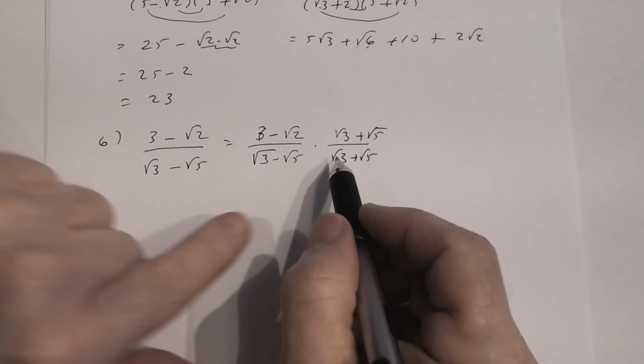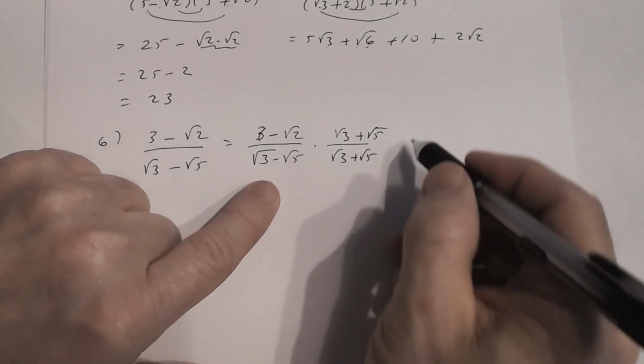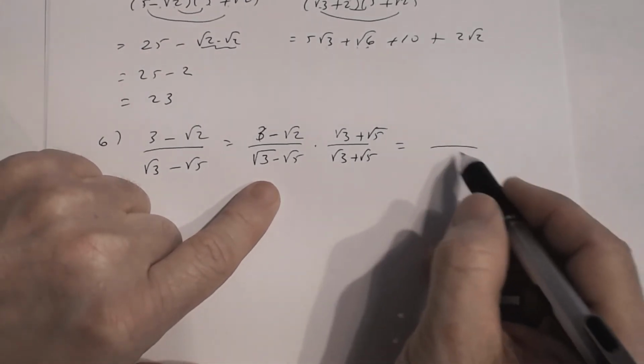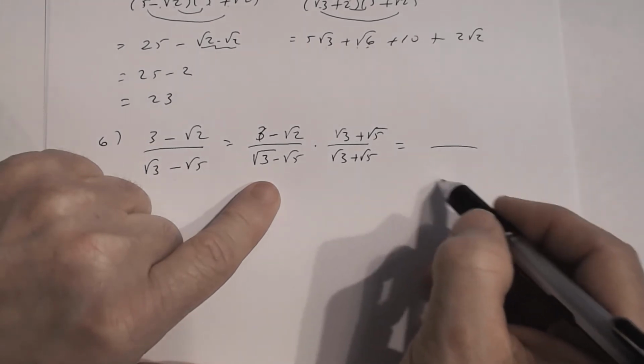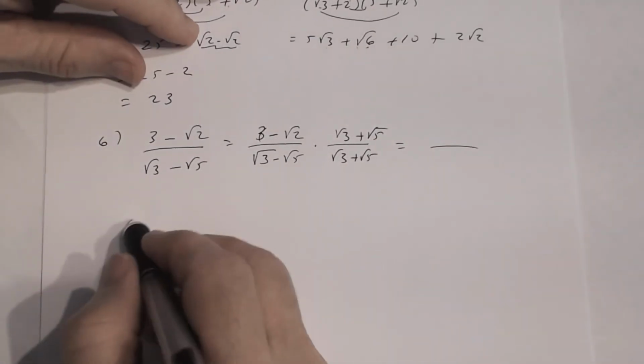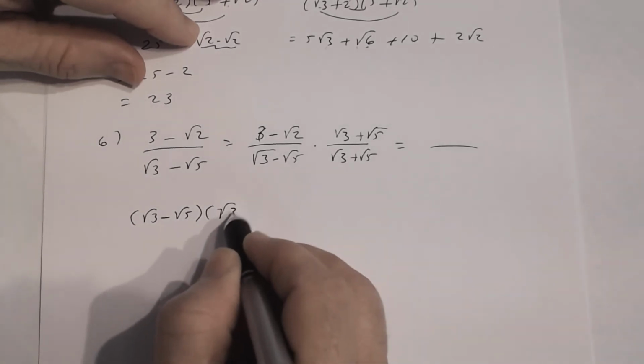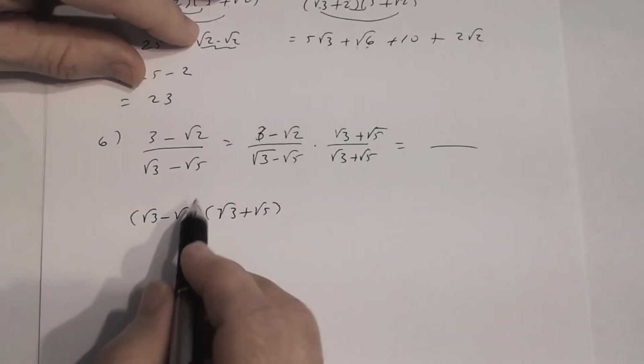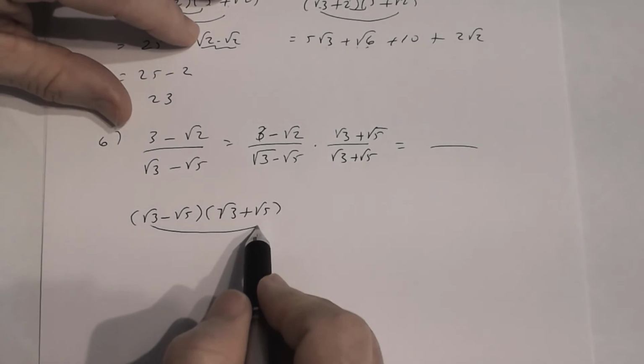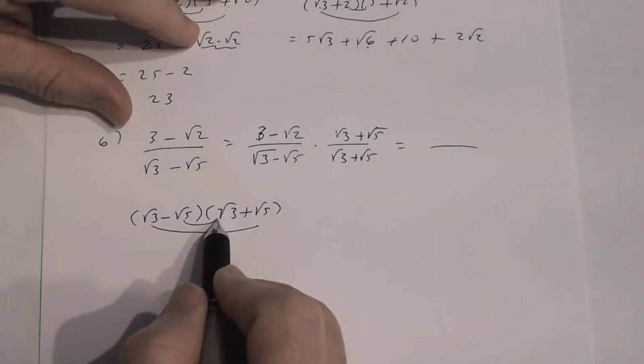And that will guarantee that the denominator, when I multiply it out, is going to be a rational number. All right, and it will be. So watch. The square root of 3 minus the square root of 5 times the square root of 3 plus the square root of 5. And so notice the outer is the square root of 15. The inner is negative square root of 15.